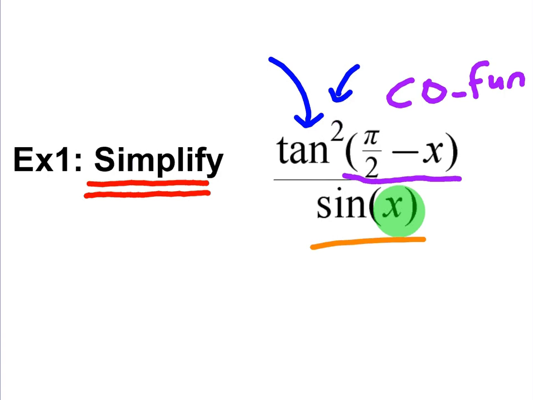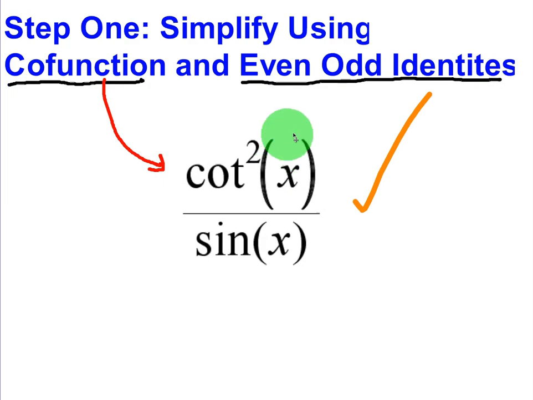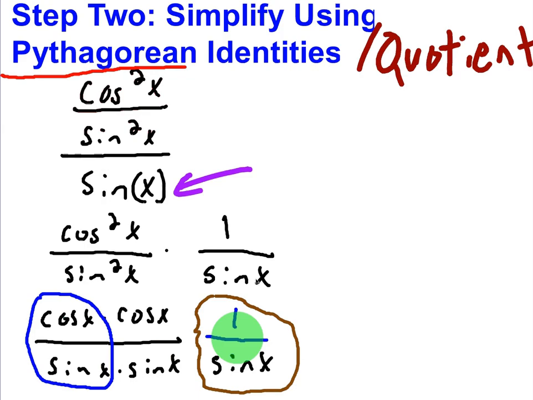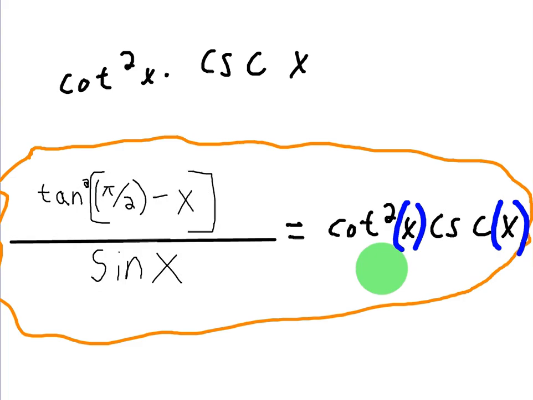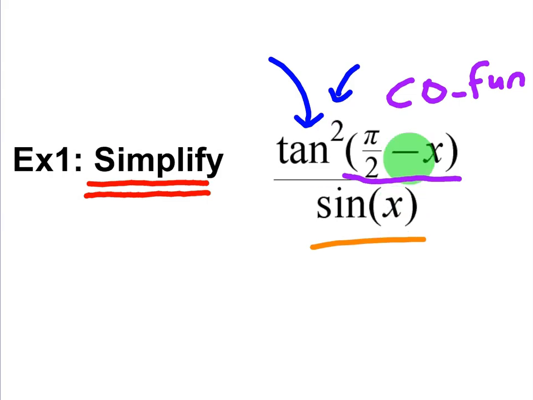That's it for this example. Remember, step 1, use the cofunction / even-odd identities to simplify the first part, then use the Pythagorean / quotient identities to simplify the second part. Our final answer is cotangent squared x times cosecant of x. If you have any other questions about this example, let me know.